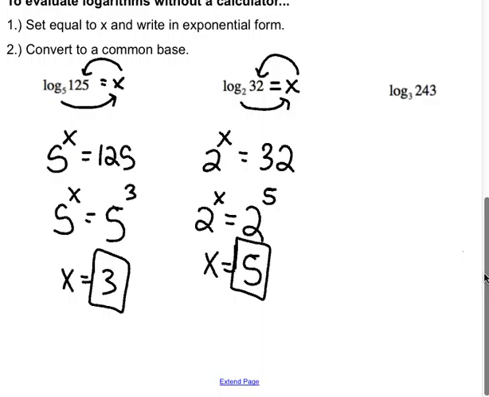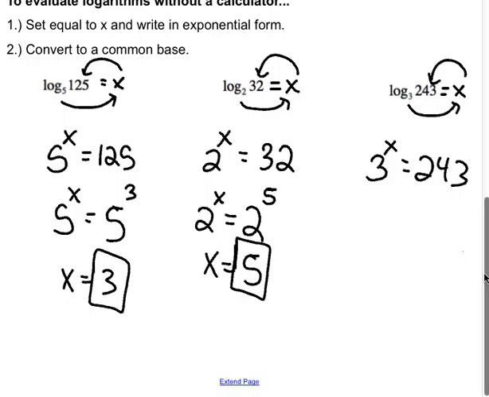Okay, let's try one last easy example. Again, to help you, set it equal to a variable so you can see what you're doing. What you're looking for is 3 to what power gives you 243. That's how you're going to evaluate this logarithm.